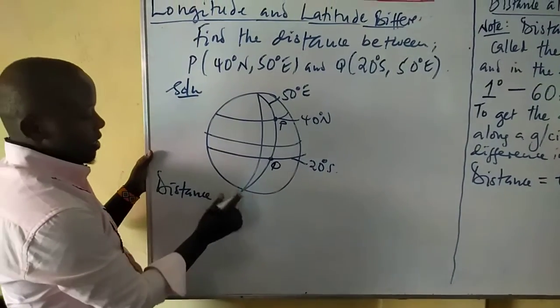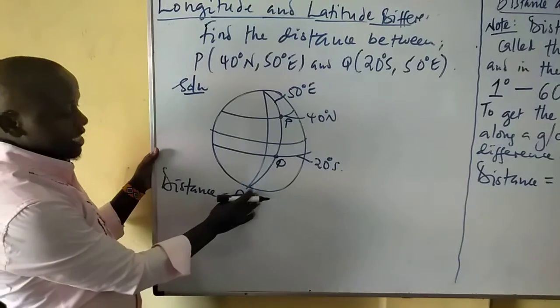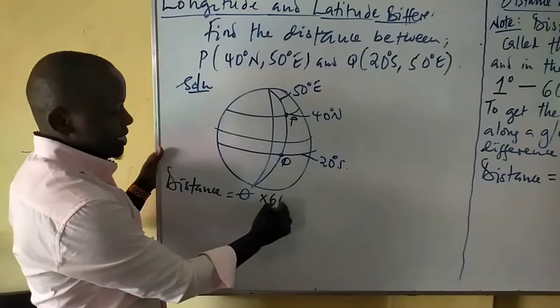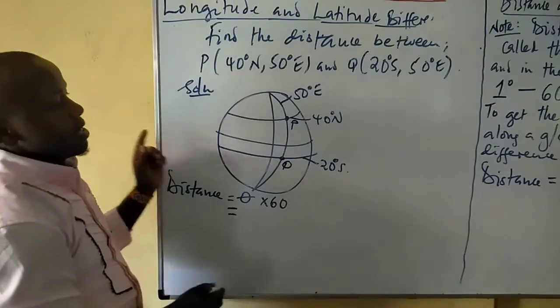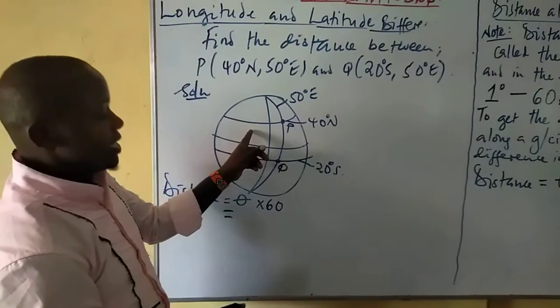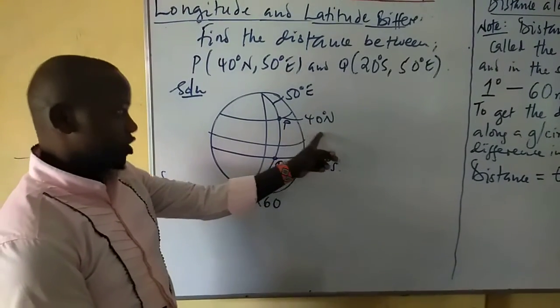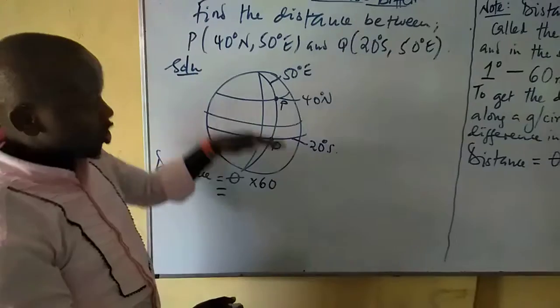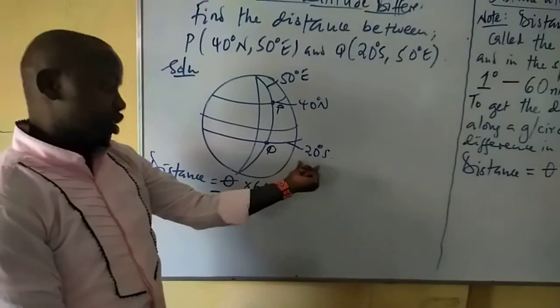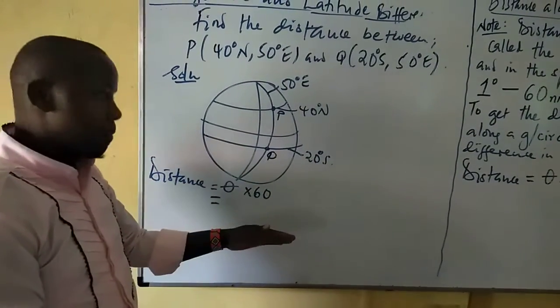So this is Q. We have said that for us to get distance, we take the difference in latitude and multiply by 60. P is in latitude 40, north part. Q is latitude 20, in the south part.